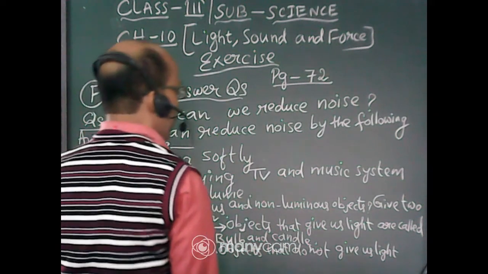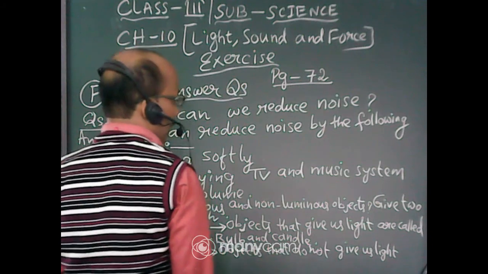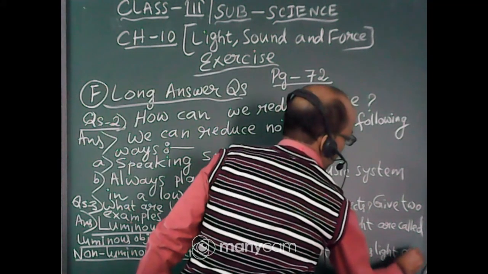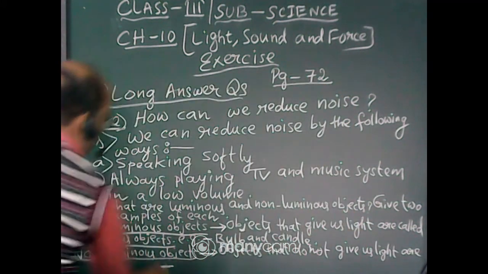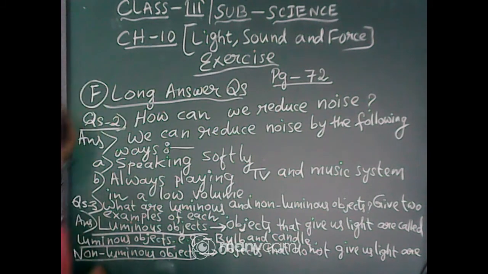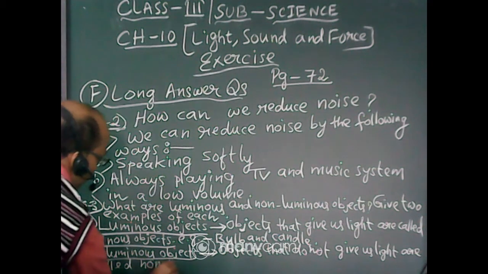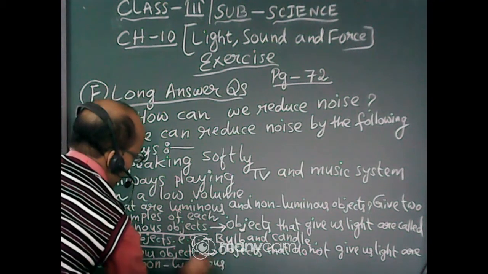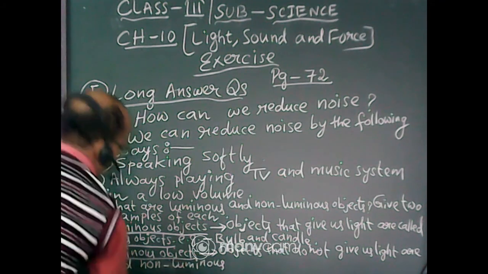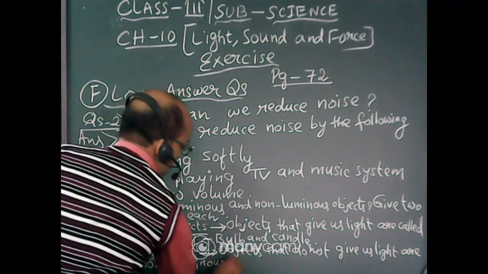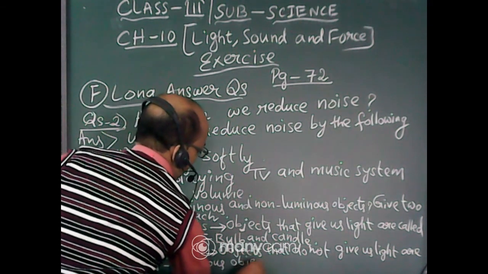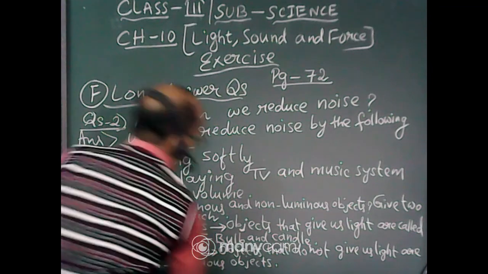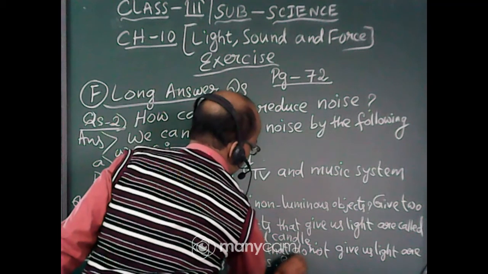Objects that do not give us light are called non-luminous objects.